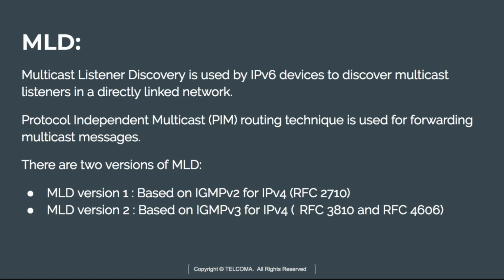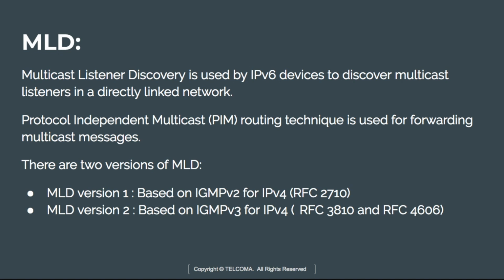The MLD version 2 is based upon IGMP version 3 for IPv4, and it is defined in RFC 3810, and enhanced information is added in RFC 4606. So these are the two versions, MLD version 1 and MLD version 2.